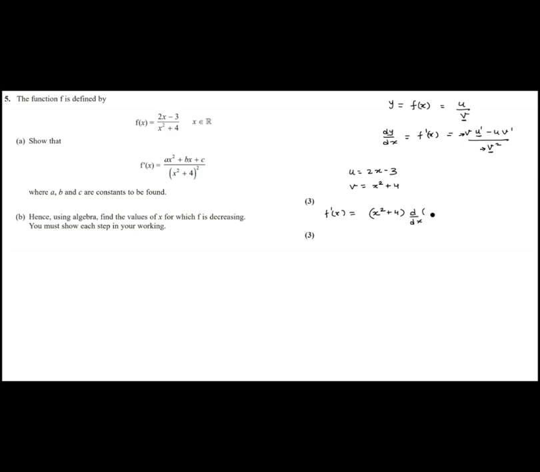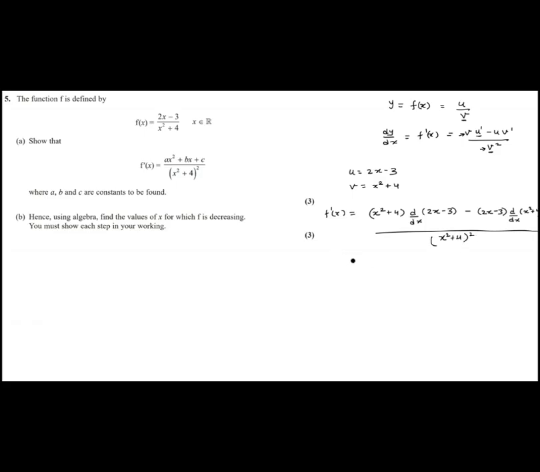It's always good to write it down first rather than differentiating directly, so this will avoid making any mistakes. Minus u in brackets, 2x minus 3, and then differentiate v, which is x squared plus 4, everything divided by v squared, so (x squared plus 4) whole squared.